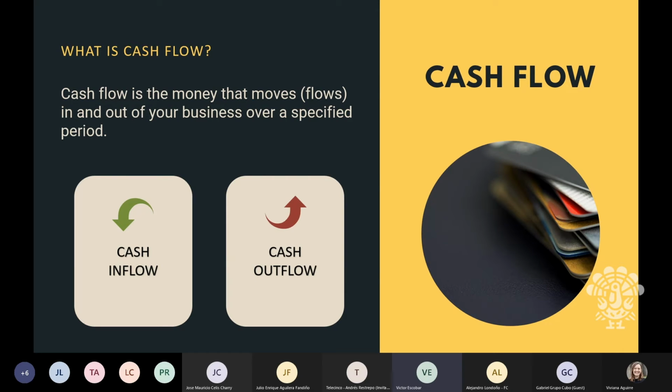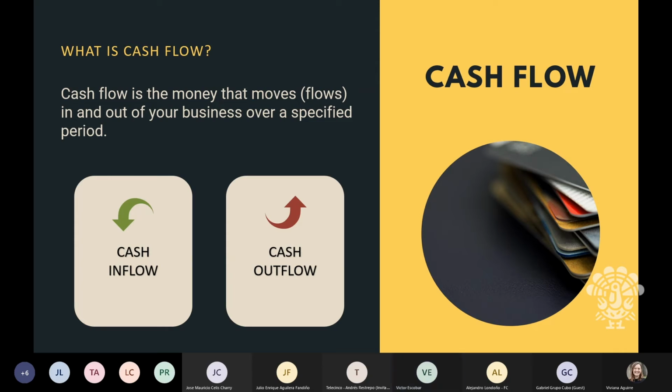So that will belong to your cash outflow. And this is pretty important because this will help you to create the cash flow balance and check month by month if your cash flow is enough to keep your business afloat, to be able to meet all your obligations and to get profit from it.